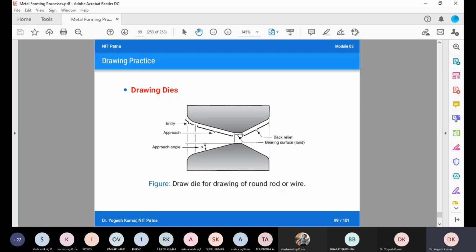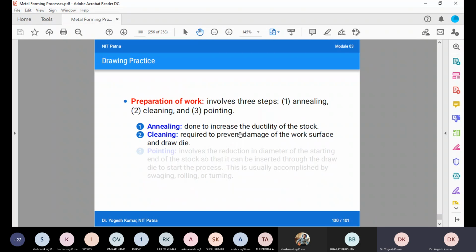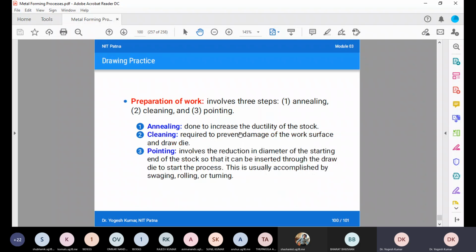Now I will come to the last point in drawing, that is preparation of work. What preparation is needed on your bar or wire to draw it through a drawing die? These are the three important things: annealing, cleaning, and pointing.